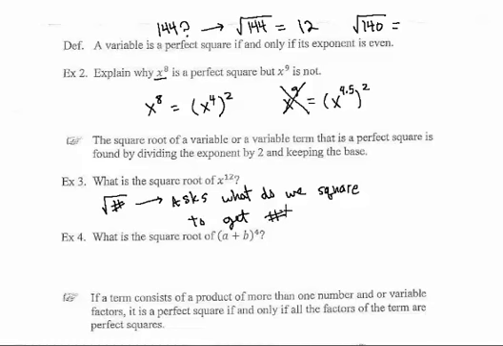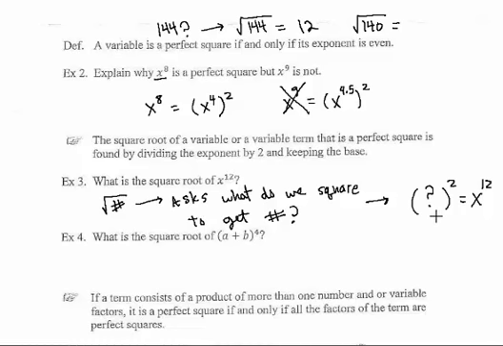So to get that particular number. Alright, so what do we square to get an x to the 12th power? We don't know what that is. What do we square to get x to the 12th?